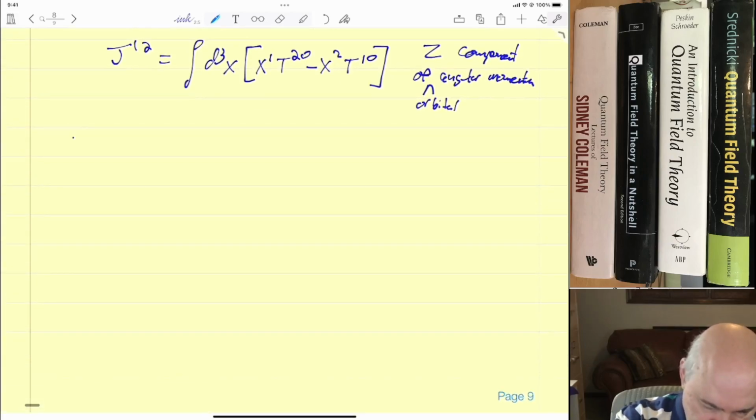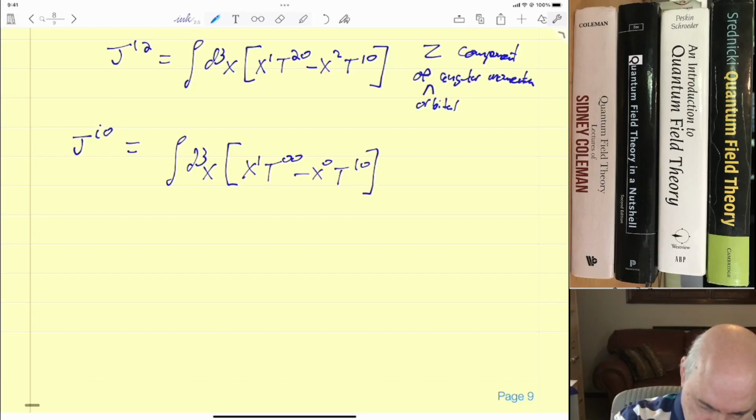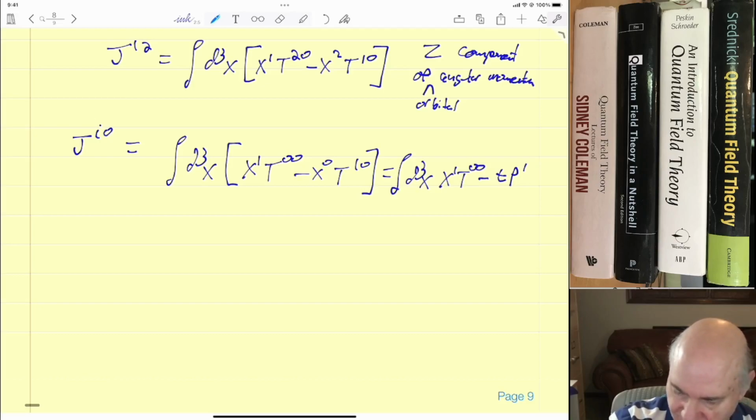Now, we're familiar with angular momentum being conserved, but let's write out J^i0. This is equal to the integral of d^3x (x^1 T^00 minus x^0 T^10). This is equal to the integral of d^3x x^1 T^00 minus t p^1. x^0 is time, and since we're integrating over space, that comes out.